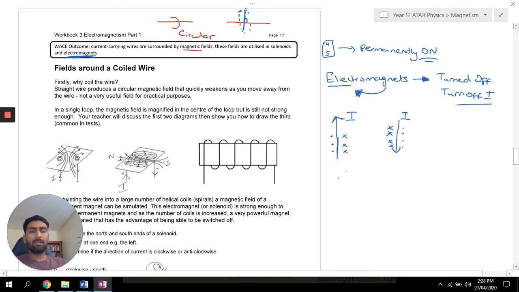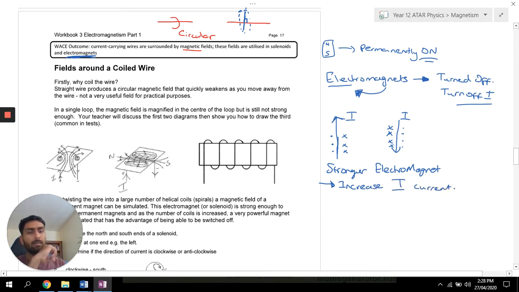So my question to you is, if we want to make a stronger electromagnet, because this is a magnet created using the flow of charges, we can do a couple of things. I'm sure you can see straight away that you can increase the current.